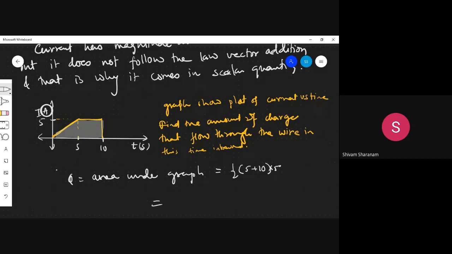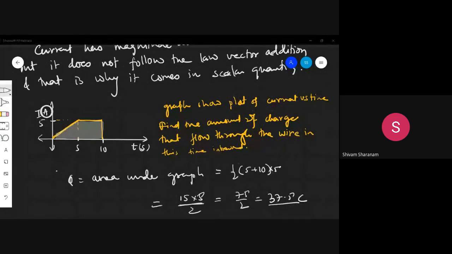So 15 into 5 by 2, 75 by 2, 37.5 coulomb. This is how you can do it. Done?